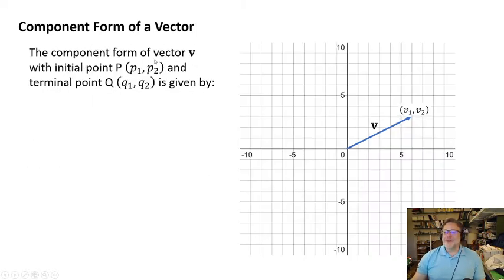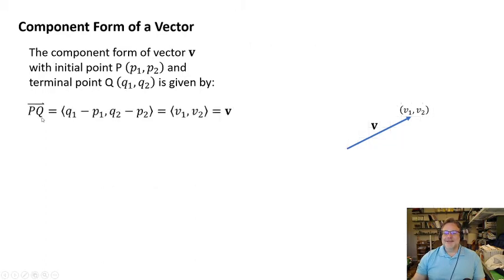So the component form of vector V, described with these two ending coordinates, with initial point P1, P2 and terminal point Q1, Q2, is given by this. If we want to describe this in terms of component language, we do it by using these less than, greater than forms of the parentheses that we were using before.